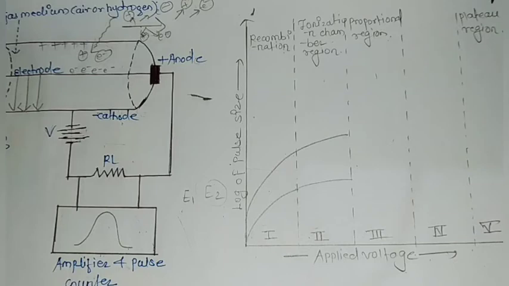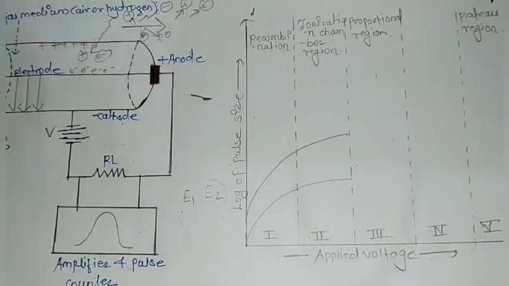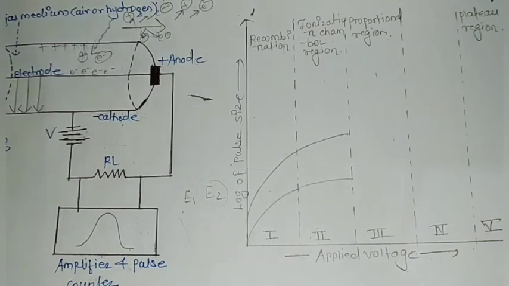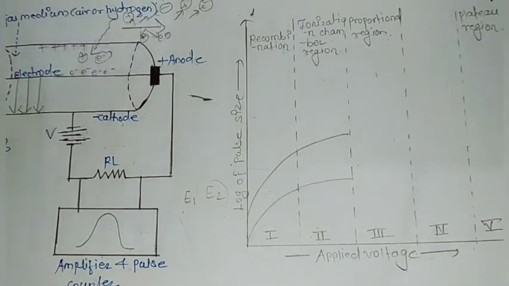Now, if the potential difference is extremely high, then these electrons will also lead to secondary ionization. That means these electrons and ions, when they get accelerated towards opposite polarities, will also collide with the molecules of the medium and lead to further ionization.